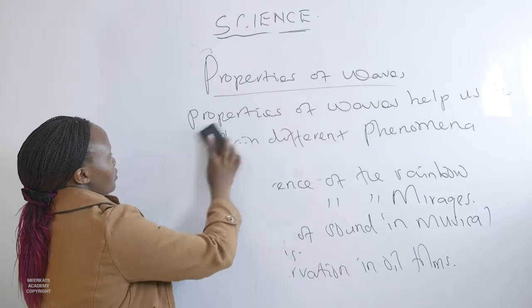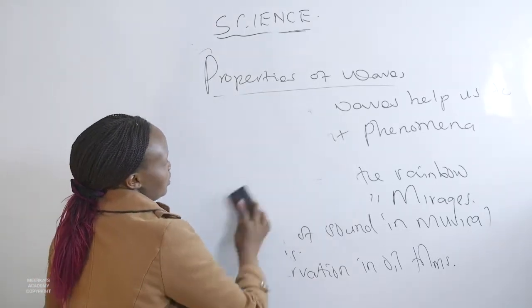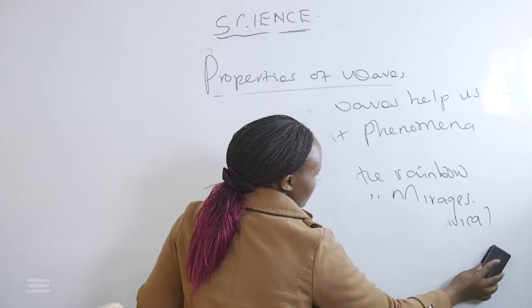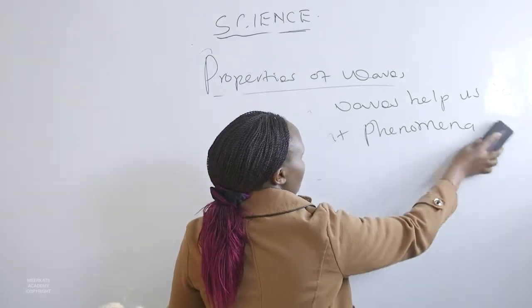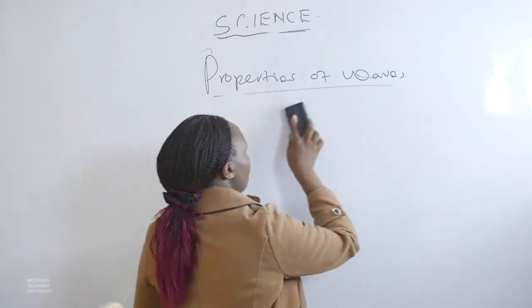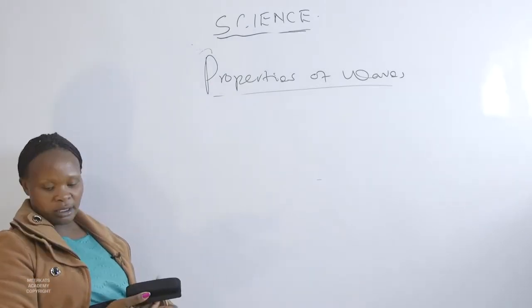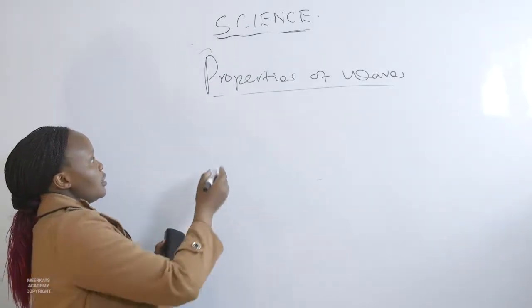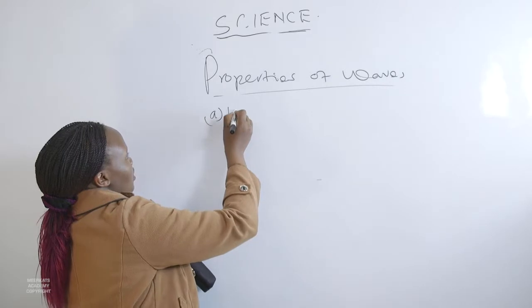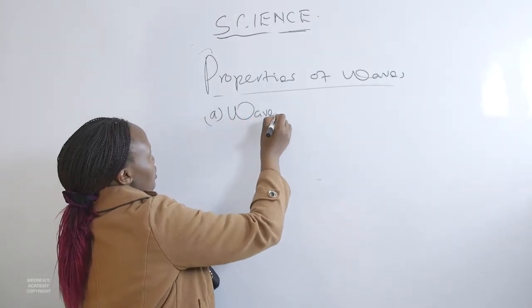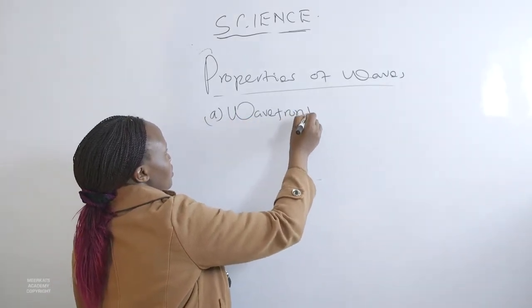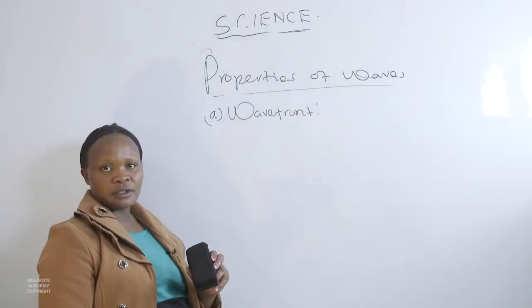Now, to the properties themselves, we start with the simplest. And the simplest property is the wave front. Wave fronts.